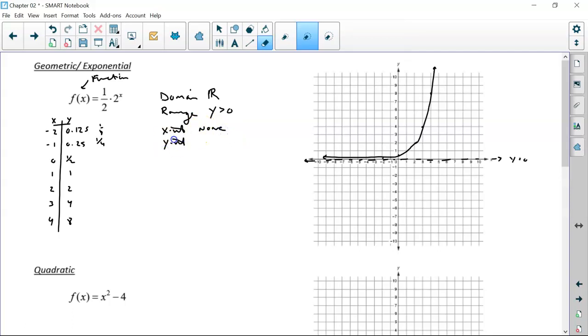Our y-intercept, it crosses that y-axis, and we can see at 0 and 1/2. And like I said earlier, we have a horizontal asymptote at y equals 0.